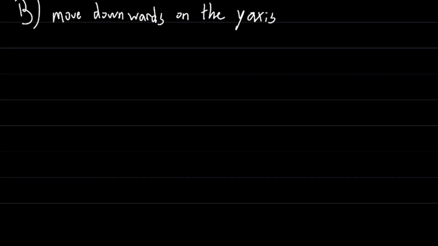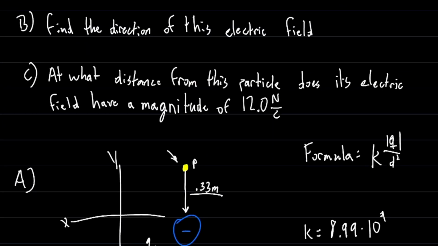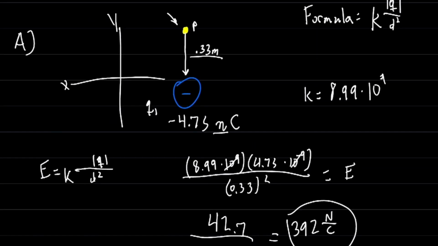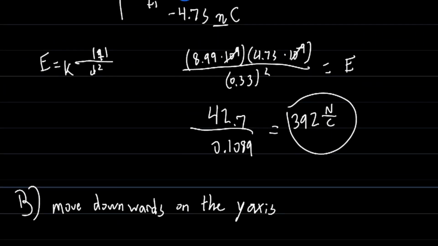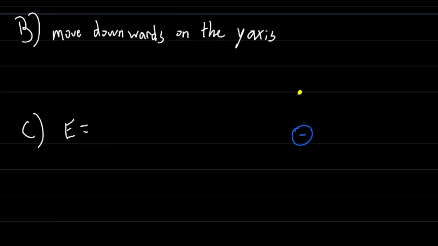Pretty simple. And then C is, at what distance from this particle does its electric field have a magnitude of 12.0? So we know that we are looking for the distance. So now if we can recreate our little drawing that we had earlier, we could say that this particle is there and Q1 is over here.